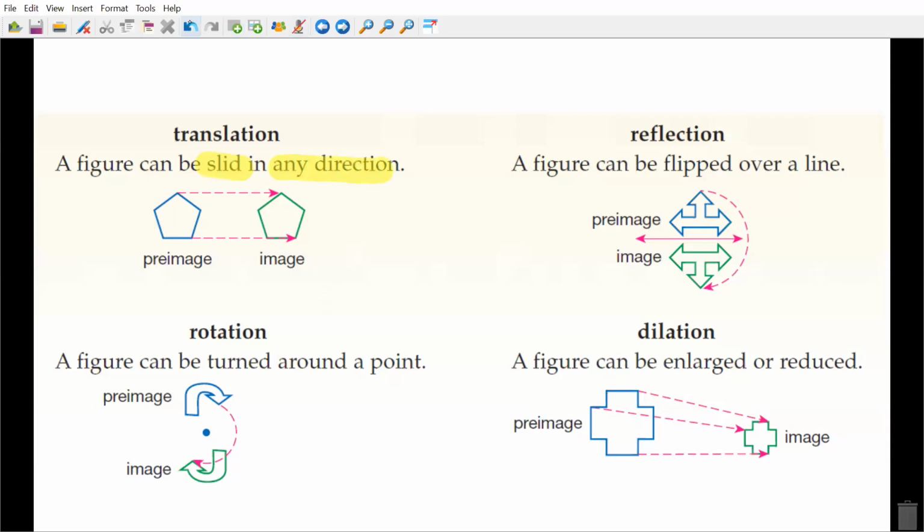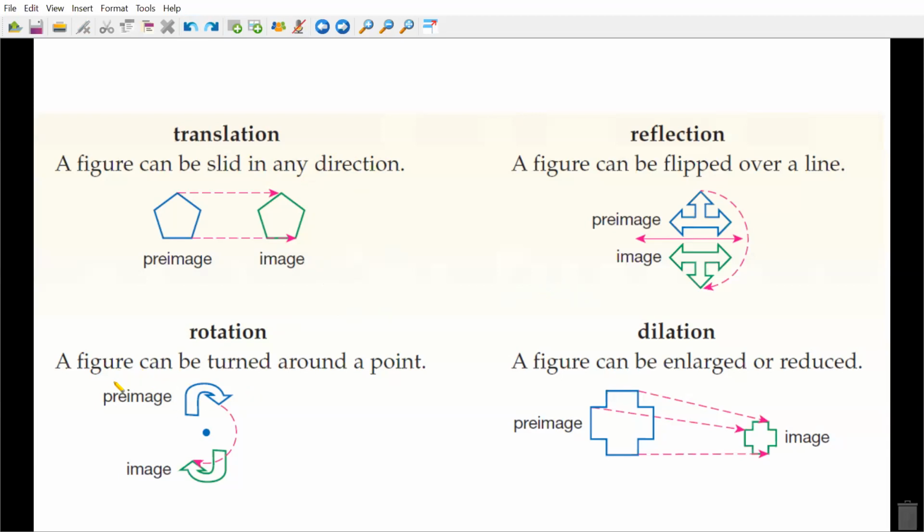A reflection is when a figure can be flipped over a line, right? So that's what happens when you go every morning and brush your teeth in your bathroom. You can see a reflection, right? That's why when you see through a mirror, most of the words, the letters change, they're reflected.